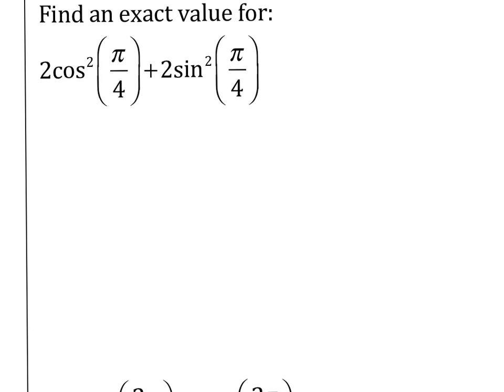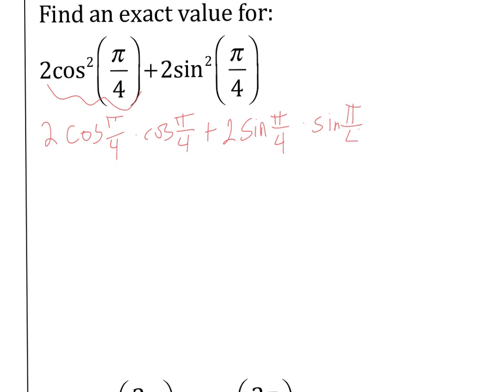This is not required, but you might see this on multiple choice versions. Here we're looking at some beyond unit circle trig stuff, so using unit circle stuff and applying it at a deeper level. First up, we've got 2 cosine squared pi over 4 plus 2 sine squared of pi over 4. I'm going to realize that this means 2 cosine pi over 4 times cosine pi over 4, which just means we're squaring that trig value, plus 2 sine pi over 4 times sine pi over 4, which again just means we're squaring that trig value.